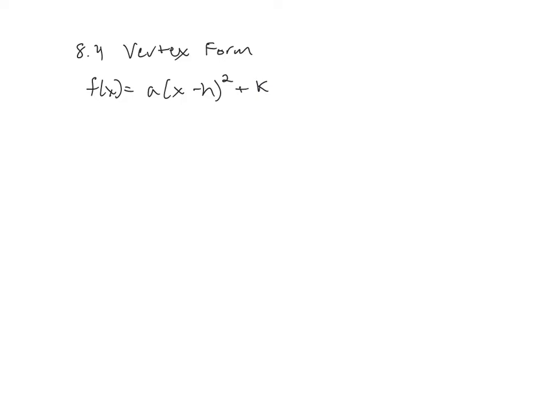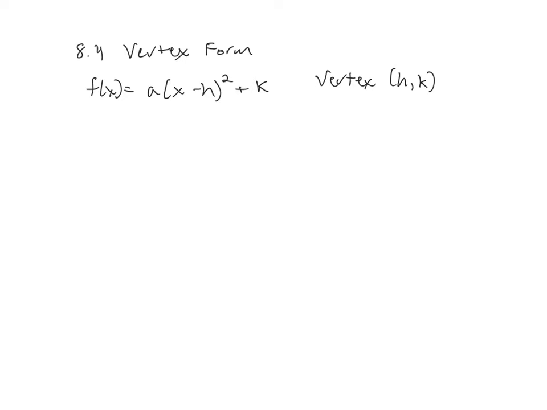And so part of what you need to study is when it looks like that, it's vertex form. And so again, the vertex is the H and the K. Remember that the H part is going to be the opposite.